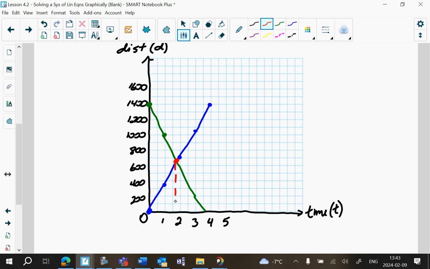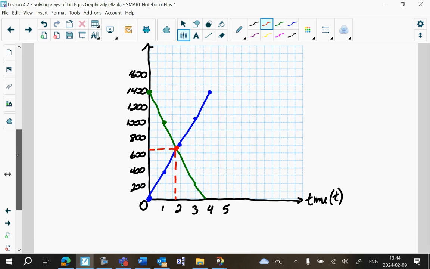Like, what would be the time that they cross each other, and what would be the distance from Ottawa that they cross each other? An hour and a half. Hour and a half? Mine is a little over an hour and a half. But if you're on an hour and a half, fine, because we're approximating. Okay?